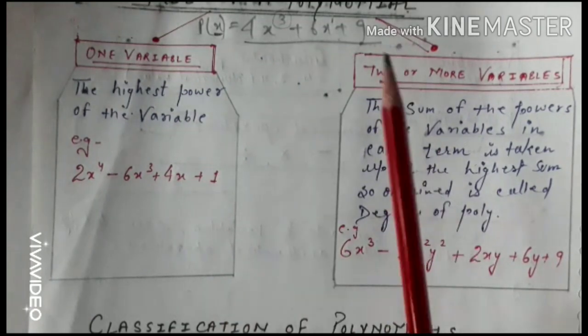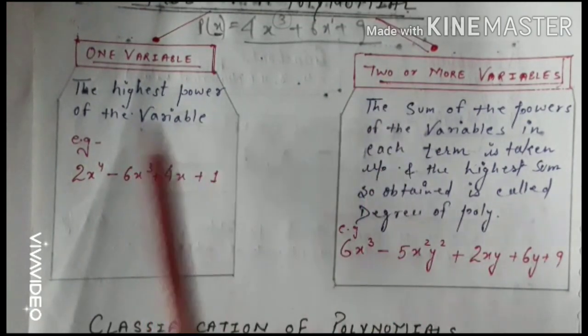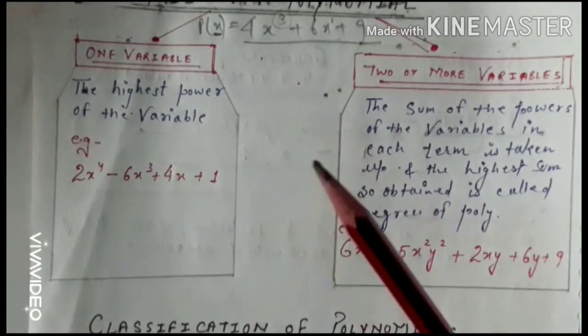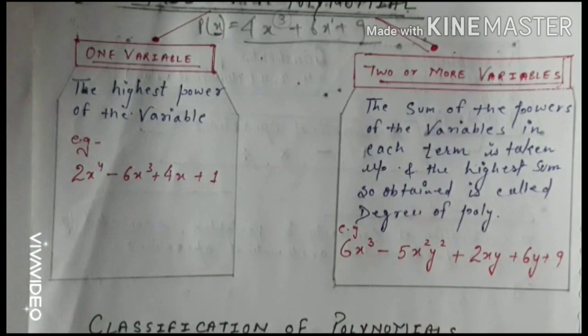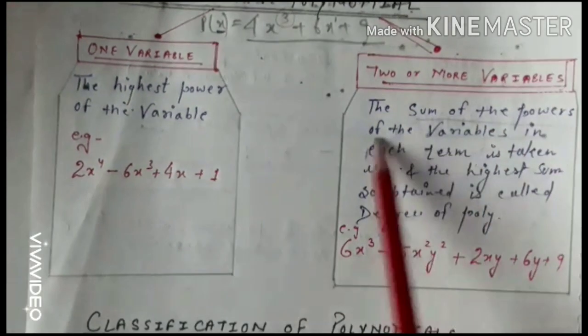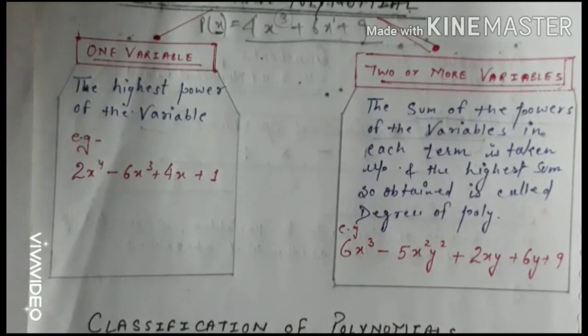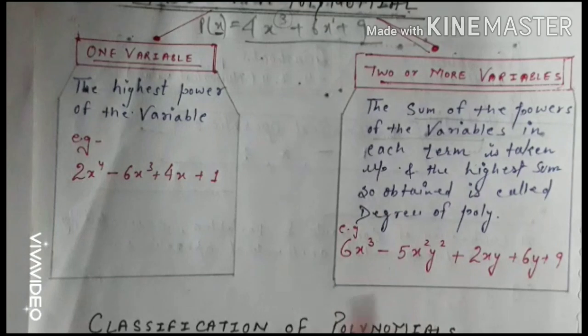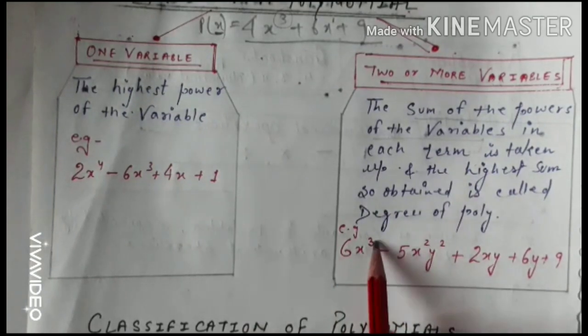So here you have more than one variable. It can be more than two variables also, but here there are only two variables, x and y. Now for this you will do the sum of the powers of the variables in each term. So here 6x cube, none other variable here.